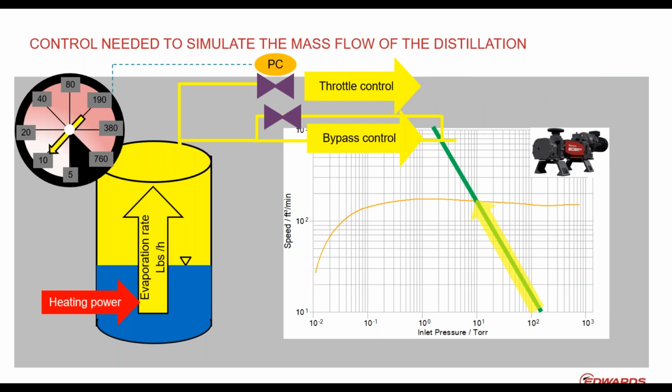Control the pump. In order to control it, you can do throttle control and bypass control. How that exactly works, we will come back to again in the second webinar. But the whole sense of controlling a vacuum pump, as the yellow arrow shows, going from the right up to the left, is that you try to mimic the mass flow coming off your reactor.